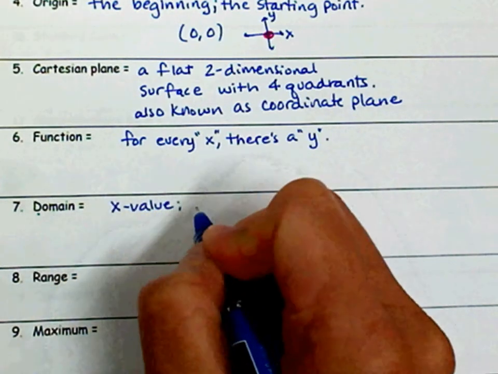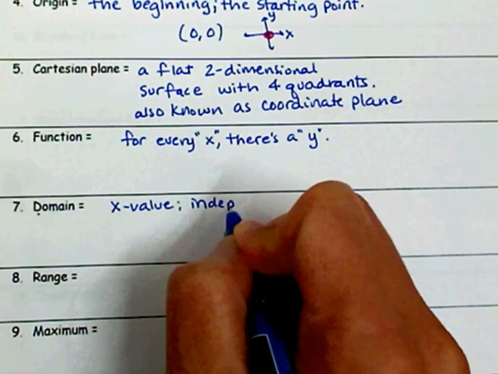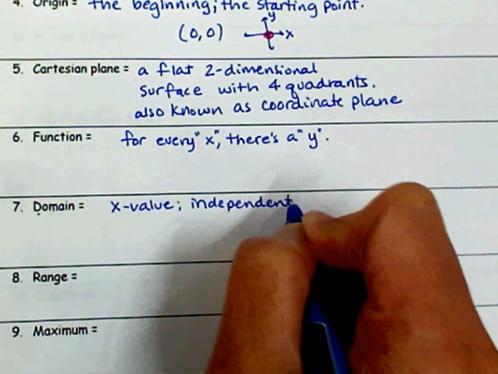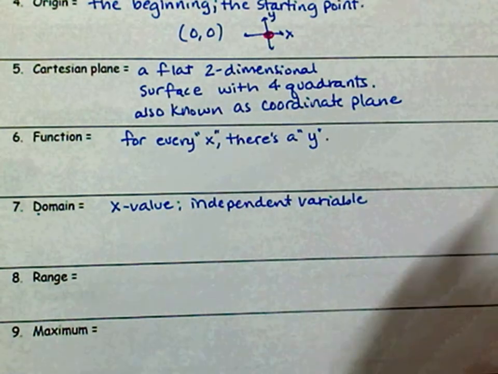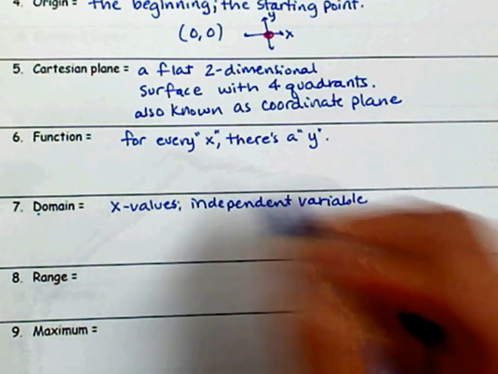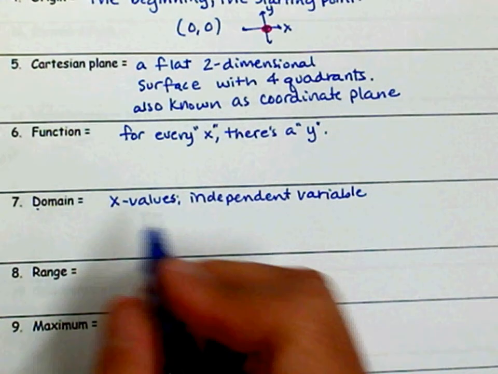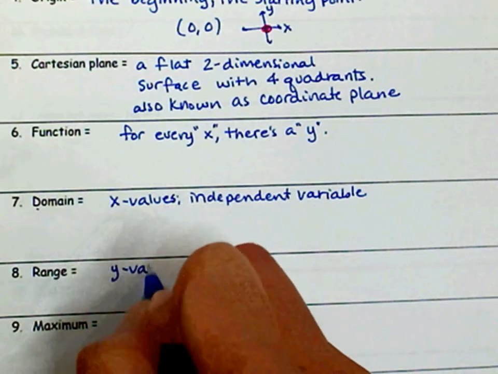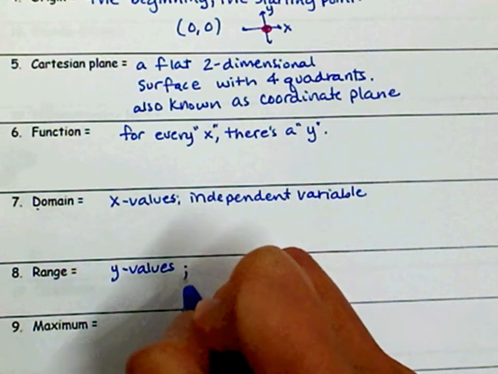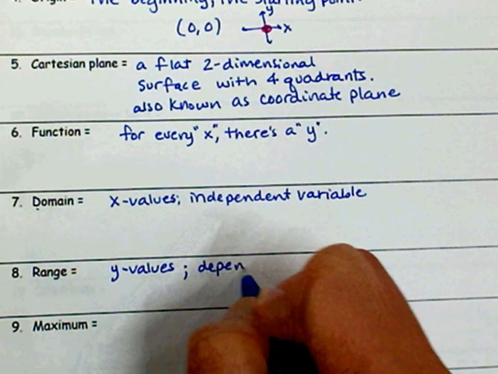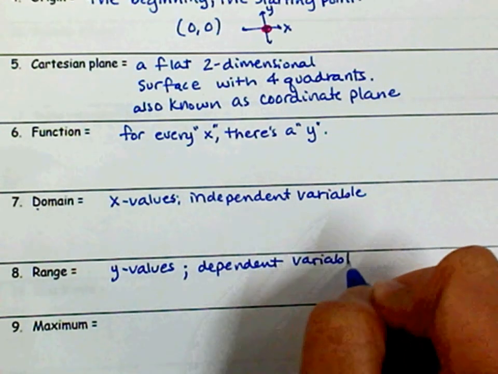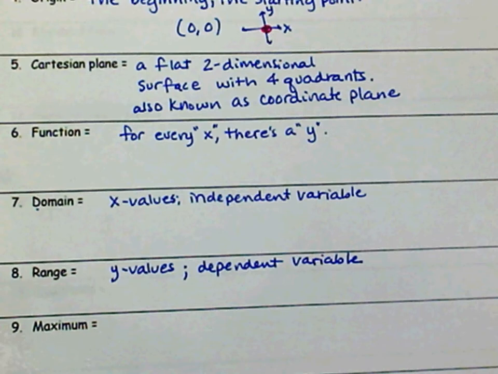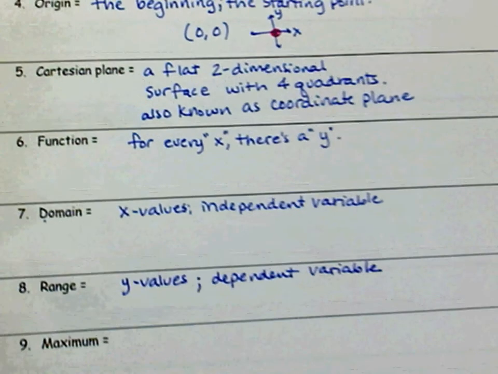It is pretty much your independent variable. It's a list of all the X values. Your range is all your Y values. Sometimes you see the word dependent variable.